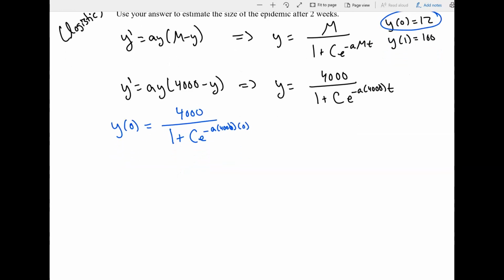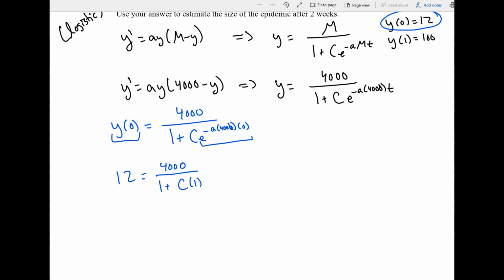Since y of 0 is equal to 12, 12 is equal to 4,000 divided by 1 plus c. My a went away, it's fine, because e to the 0 is just 1.